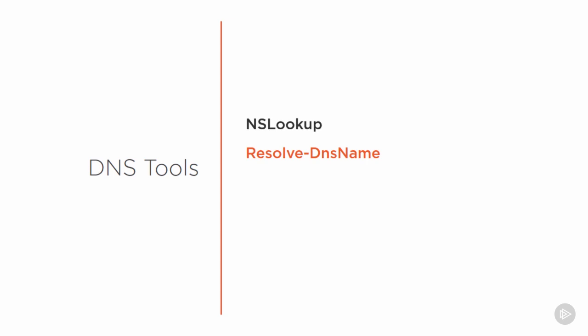So for external testing, you can use MX Toolbox to test for MX records and various other email-related DNS tests, and also What's My DNS for testing DNS propagation around the world anytime you make a significant DNS change to your public DNS records.